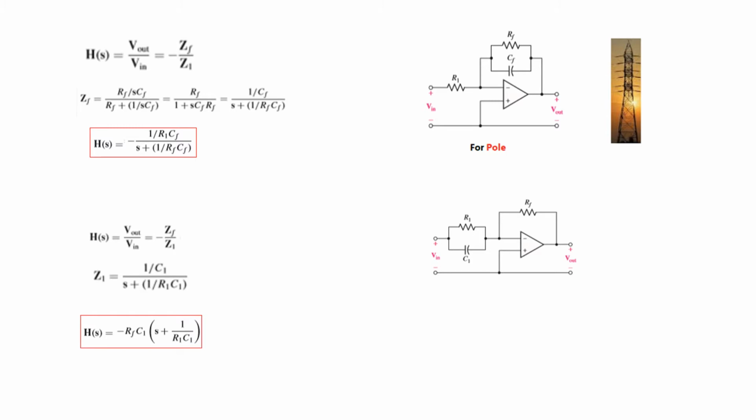Since this is all in the numerator, nothing in the denominator, when this term becomes 0 it produces a zero, so this circuit is for a zero. We have to keep these two things in mind: for the circuit representing a pole, the transfer function is represented by this, and for the circuit representing a zero, the transfer function is given by this.